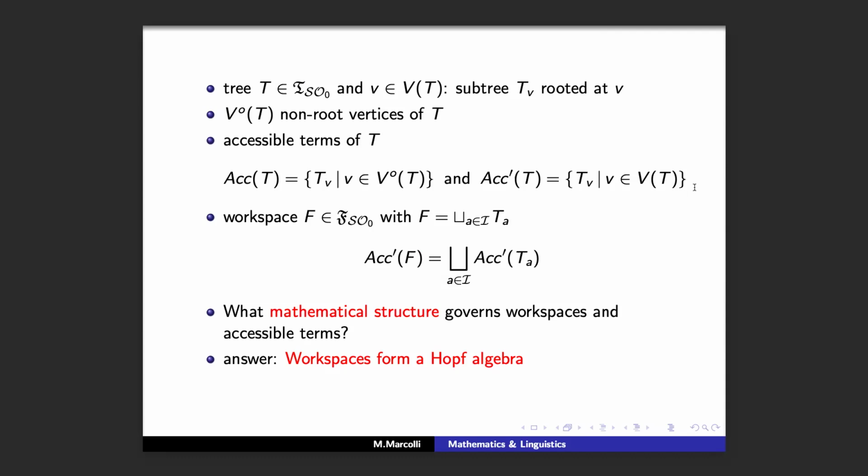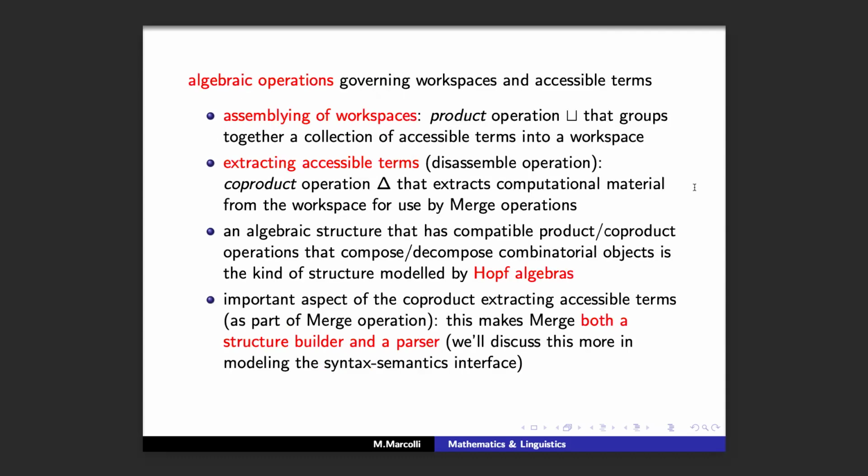I claim that the right thing to look for is something like a Hopf algebra. Why is that the right thing? Well, because a Hopf algebra is designed to take into account two kinds of operations, some kind of assembly operation and some kind of disassembly operation. And these two have to be compatible with each other.